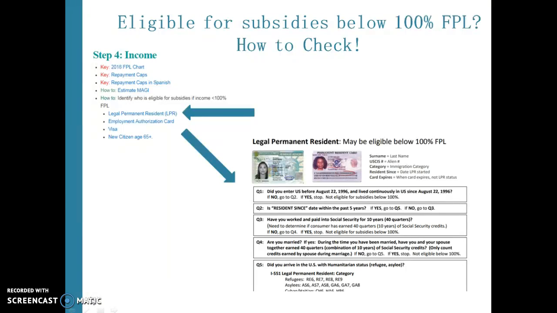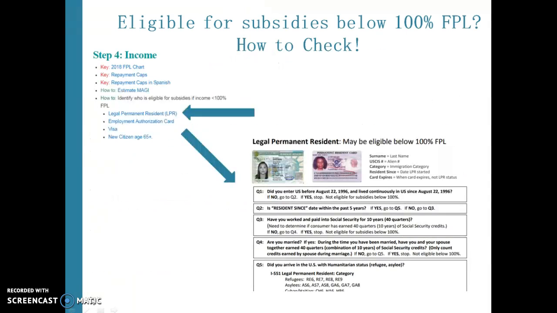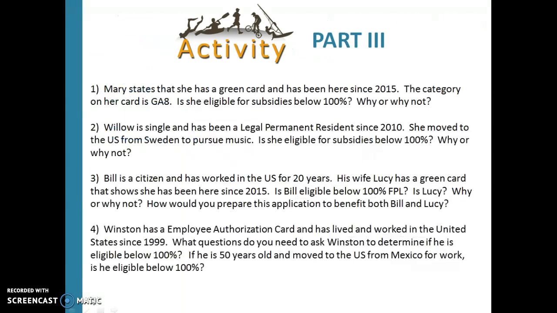And this is why those two categories of questions are important, because we see mixed status households like this. For Winston, we would want to be taking a look at the employee authorization card document, which you would see is underneath legal permanent resident. So that document has different status, but what's important here is whether Winston has either DACA or humanitarian status.